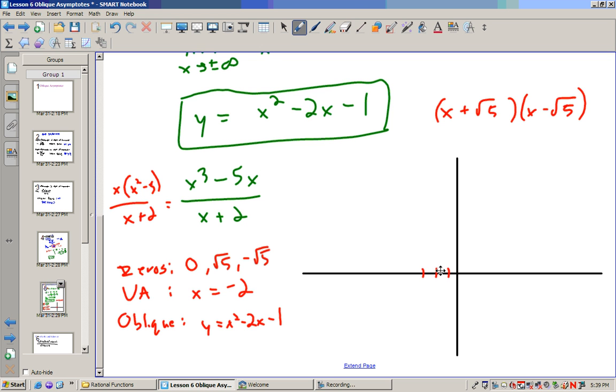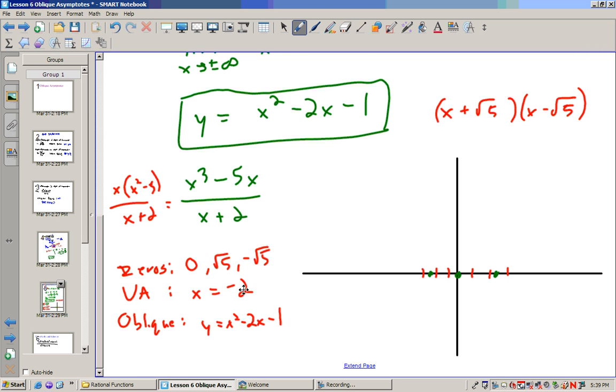So root 5 is a little past 2. So we have our zeros at 0, a little past negative 2, I guess, and a little past 2. It should be right over there.